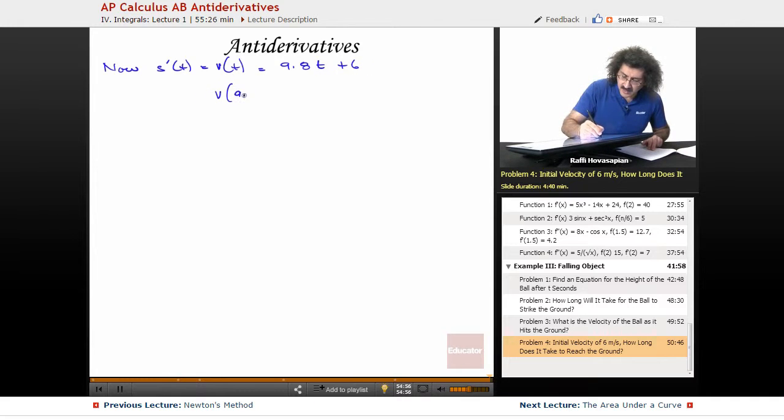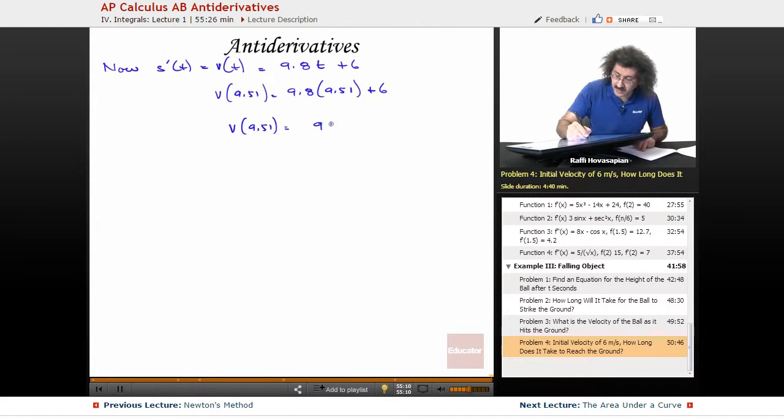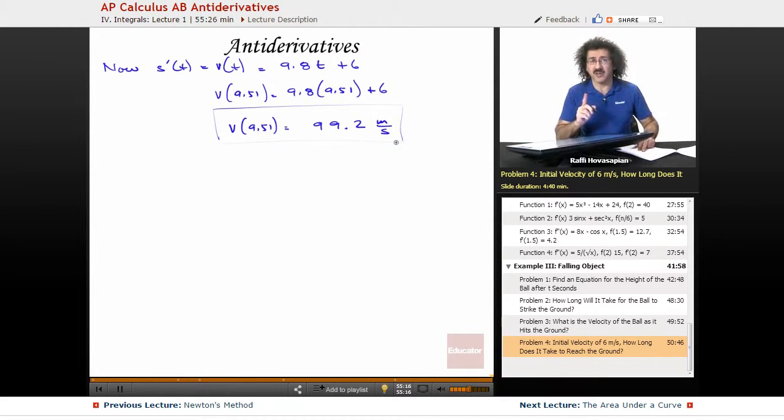Therefore, the velocity at 9.51 equals 9.8 times 9.51 plus 6, and I get my velocity at 9.51 equals 99.2 meters per second. So not a lot faster, but certainly faster.